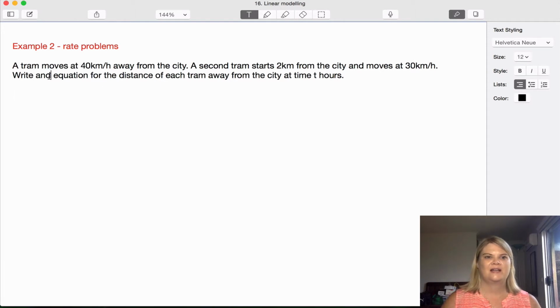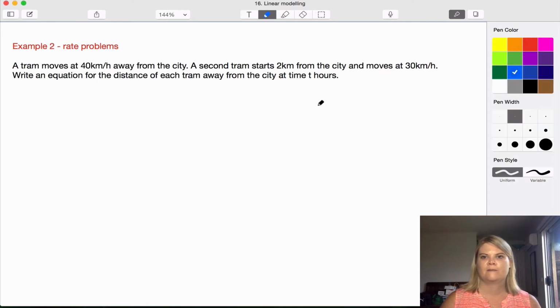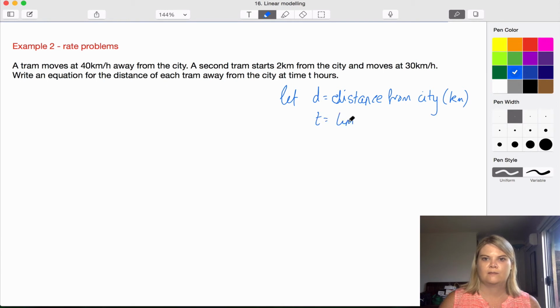Write an equation for the distance of each tram away from the city at time t hours. So we can start by defining our variables. Let d equal distance from the city in kilometers, and let t equal time in hours.